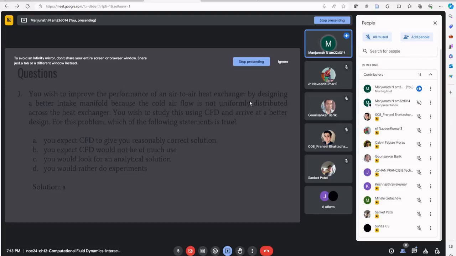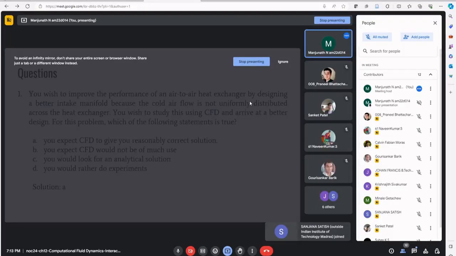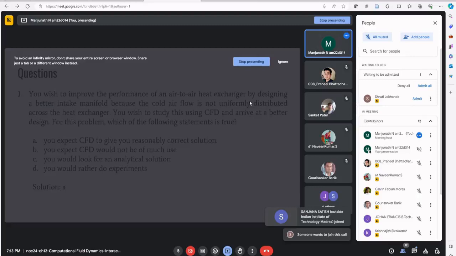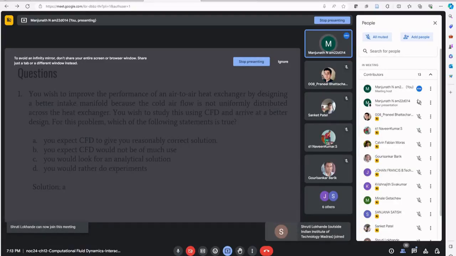CFD basically is an approximation. We are approximating the basic fluid mechanics equations representing the problem, more or less to some reasonable accuracy.